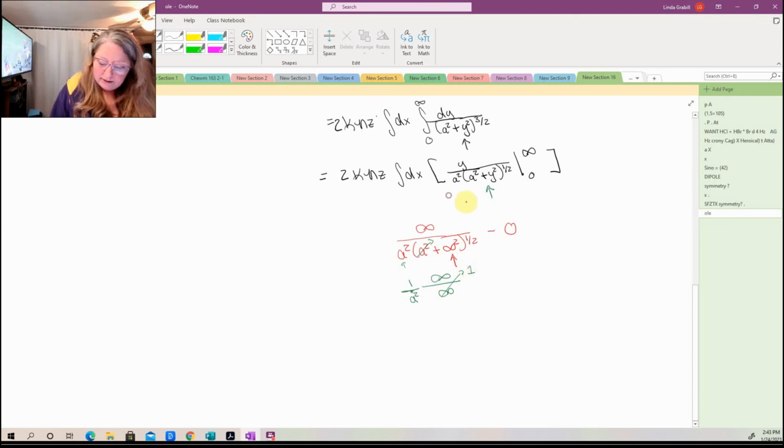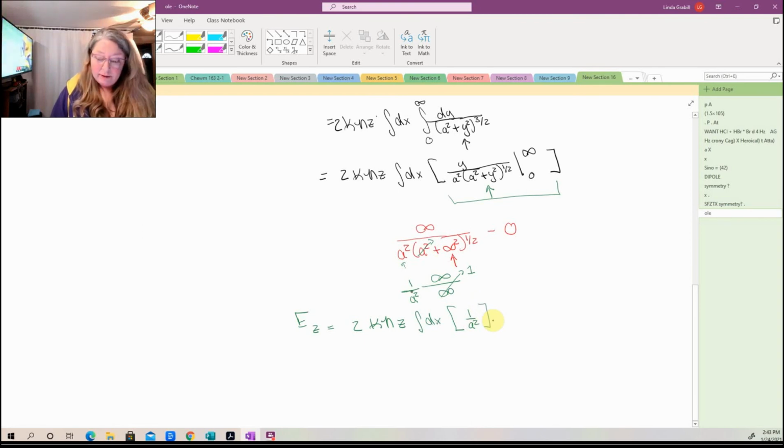So this ugliness simplifies down nicely, and I'm going to get that e in the z equals 2k eta z, the integral dx, times, let's see, what do we come up with then? We have 1 over a squared, and that's it.